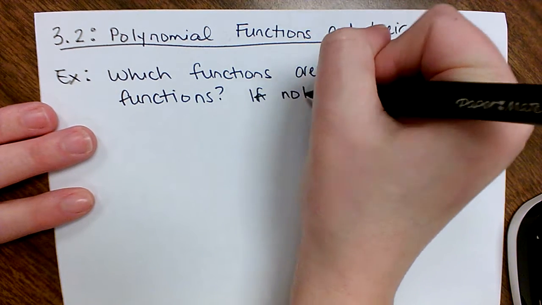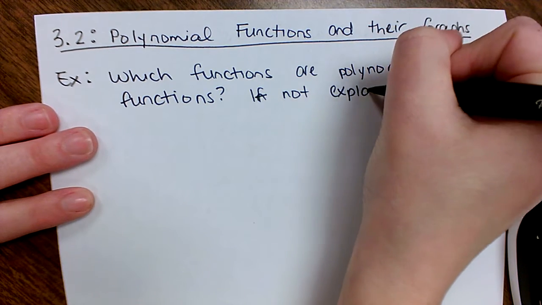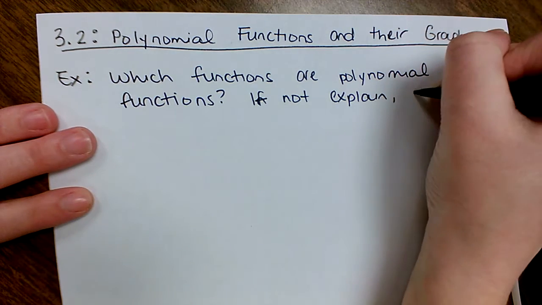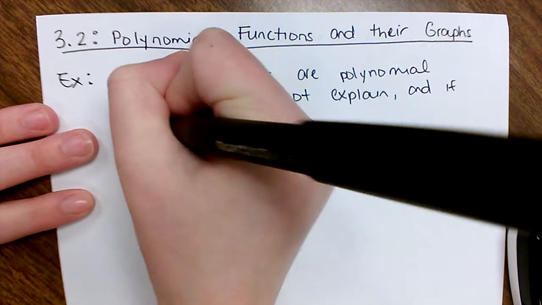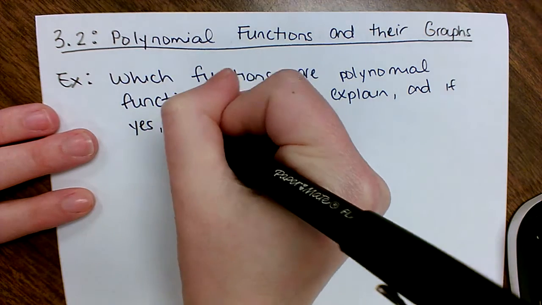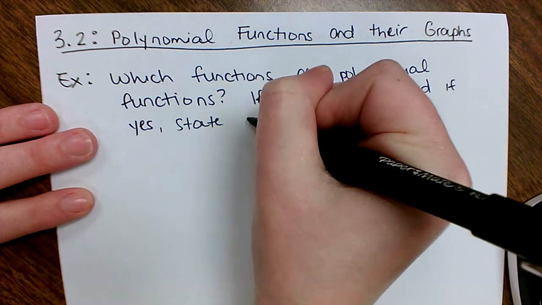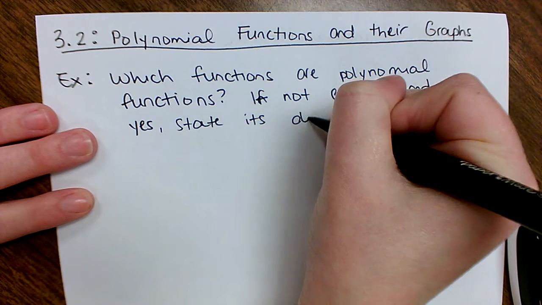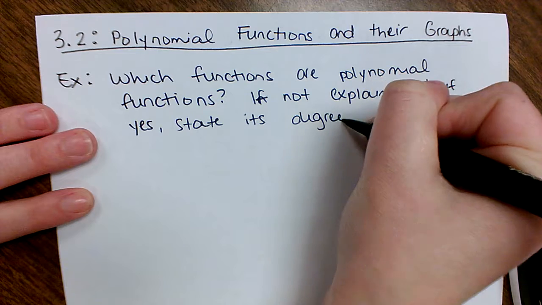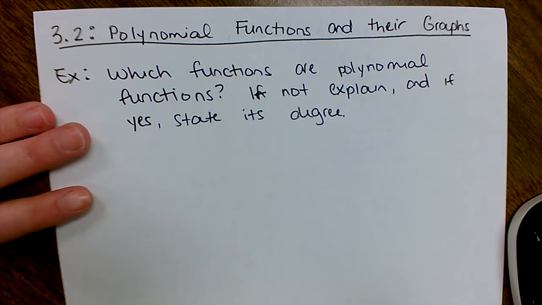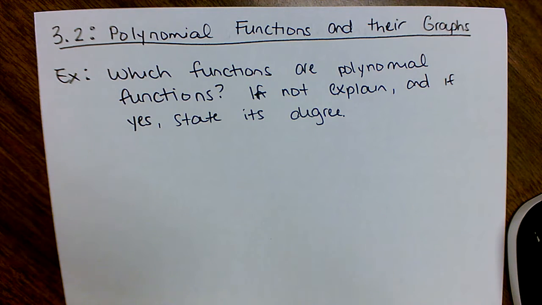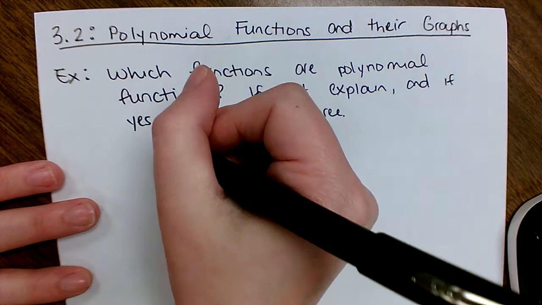If not, we're going to explain why it's not, and if yes, we're going to state its degree. The degree of a polynomial function is that biggest exponent, whatever that biggest exponent is on that one piece, that's the degree. So let's look at that.